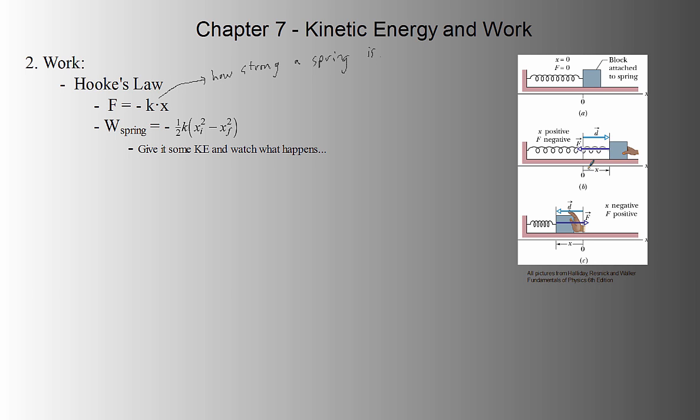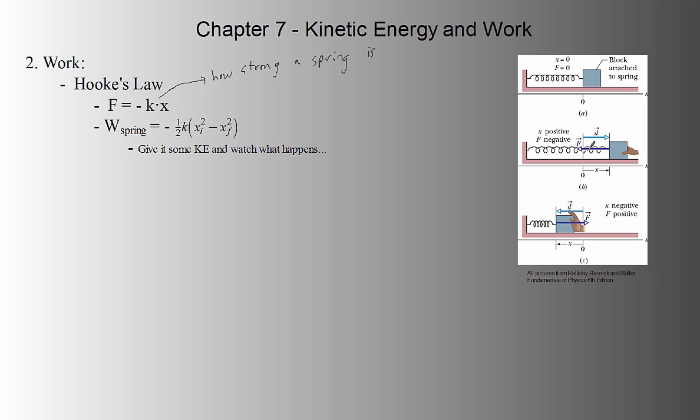Well, what happens if we start to pull the spring to the right, stretching it out? X increases, X becomes positive, and the spring wants to pull the block back to equilibrium, and so the force is acting in the opposite direction of the displacement. That's what the negative is for, and that's why the negative really makes more sense to go with the x, because a spring force always pulls back towards equilibrium.